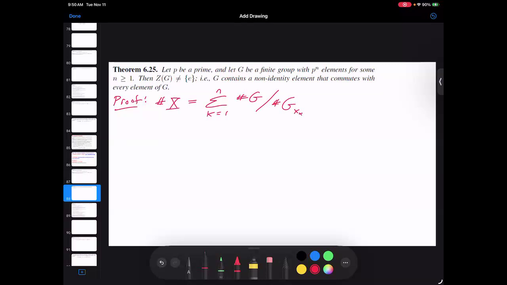And this is where we have to be somewhat clever. I'm giving you the group G. What have I not given you? If I want to use this formula, what else do I have to give you? Well, close, but not quite. I have to tell you what X is.